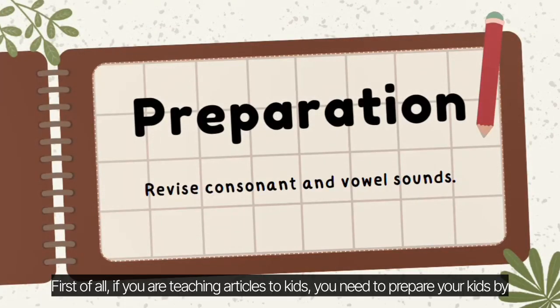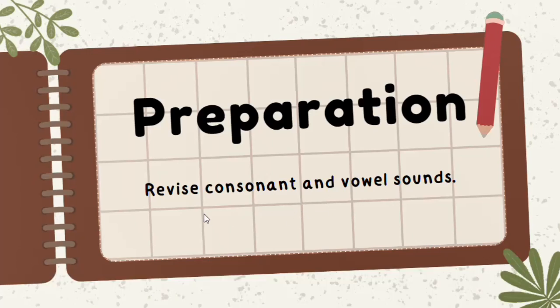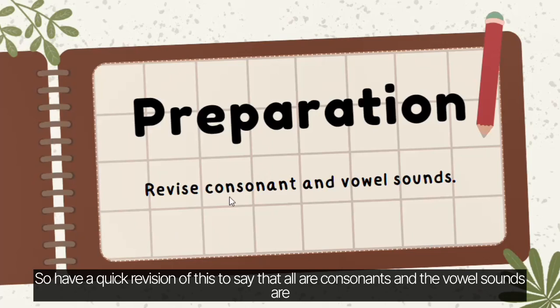First of all, if you are teaching articles to kids, you need to prepare your kids by revising the consonant and the vowel sounds, because first we need to teach the articles a and an, and for that they should know what the consonant sounds and what the vowel sounds are. So have a quick revision of this.